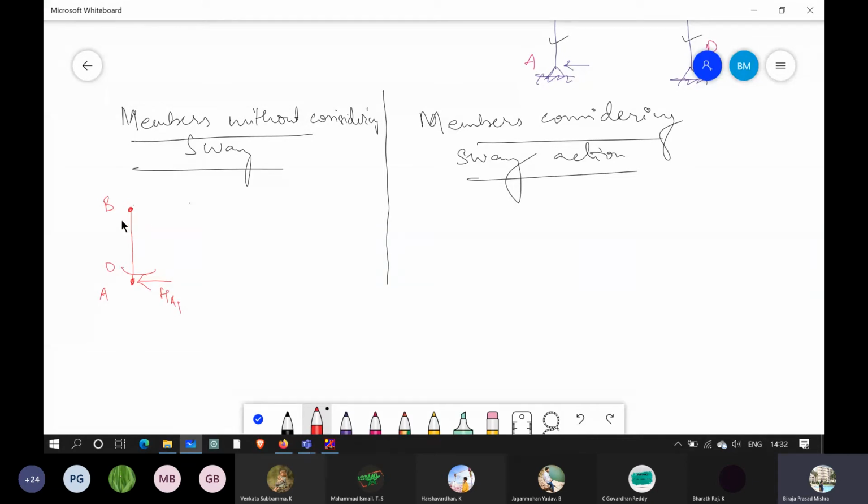Similarly, the next member is CD, where HB1 is the force, and this is 34.93, this is MBA, this is MCD.